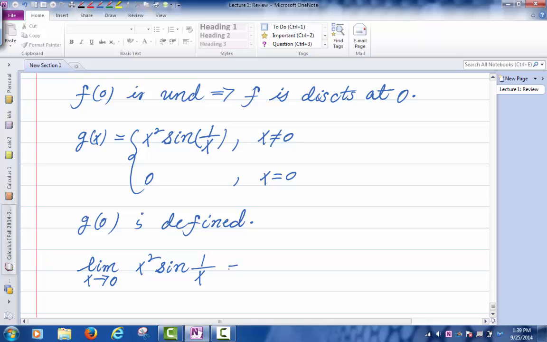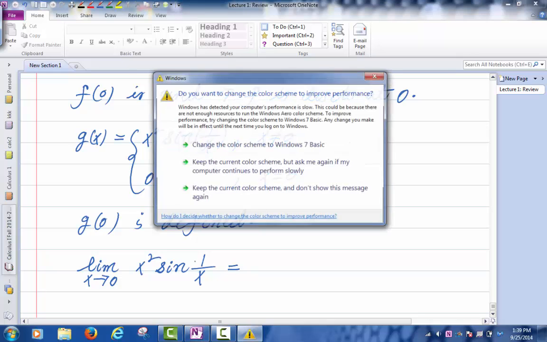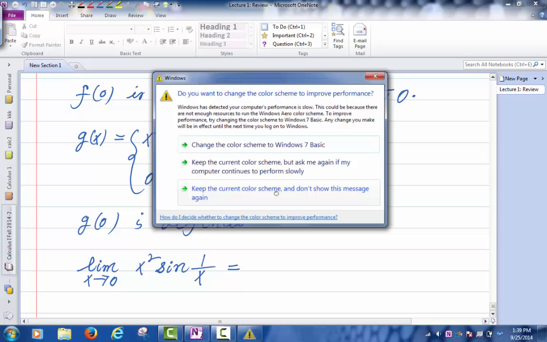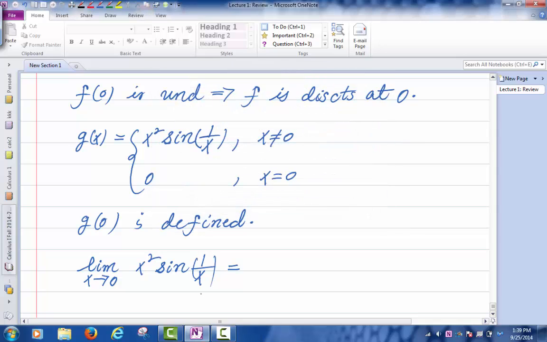Even if you don't apply the sandwich theorem, intuitively it's clear what the limit should be. Think about what is happening to sine of 1 over x. As x goes to 0, sine of 1 over x does not have a limit, because 1 over x goes to infinity, and the sine value is going to be going between -1 and 1.